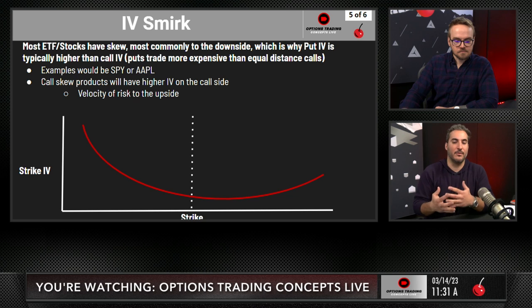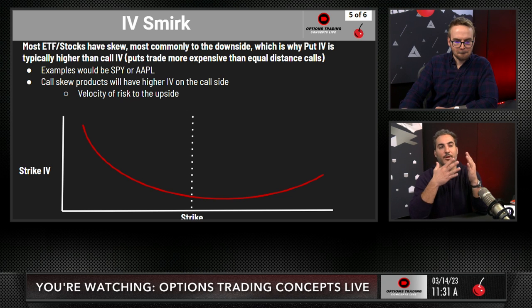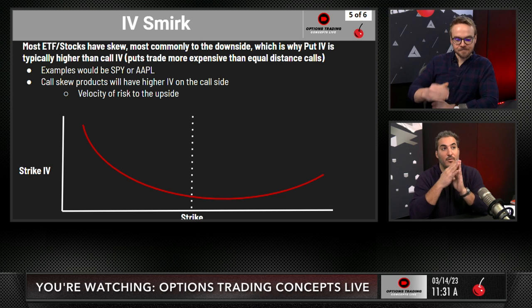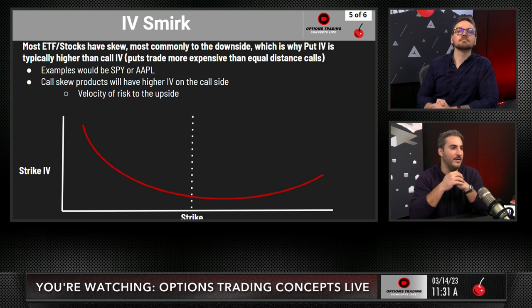The velocity of risk being to the downside, the big move to the downside being greater than the small moves to the upside. And that's priced into markets. And so you'll see implied volatility per strike, again with this sort of shape, where if you go 20 points out of the money, you're going to see higher volatility on those puts because the velocity of risk is priced to the downside.